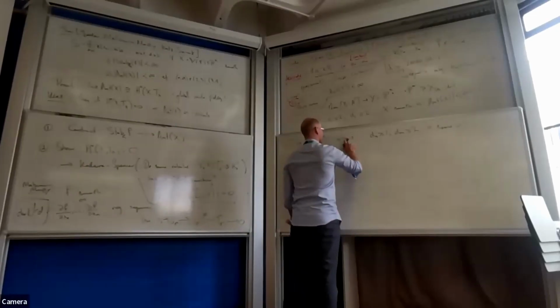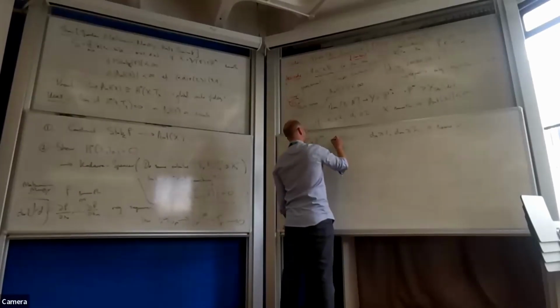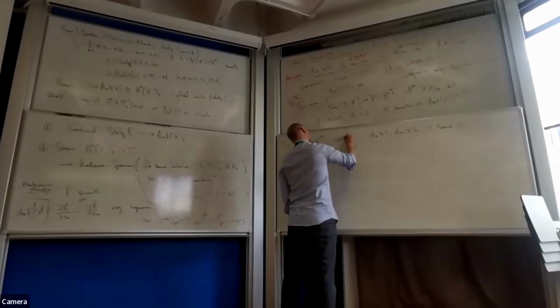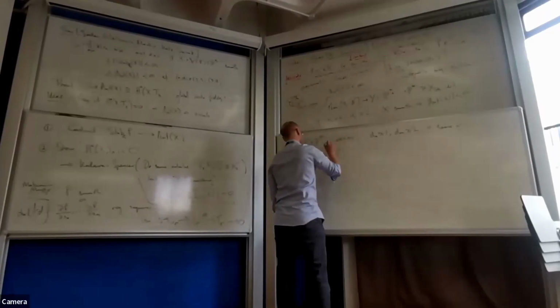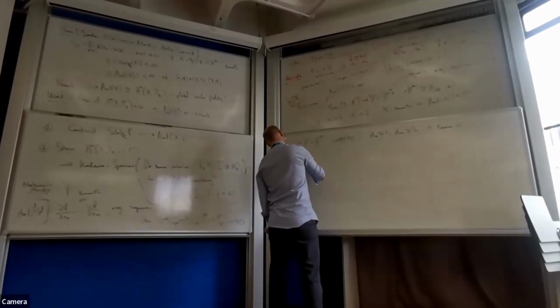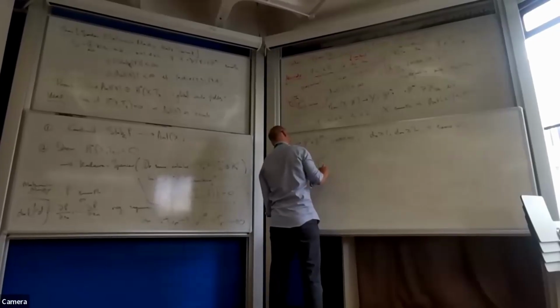Sorry, this is the other way around. I also need n to be at least 2. So it says P^1 cross P^m.